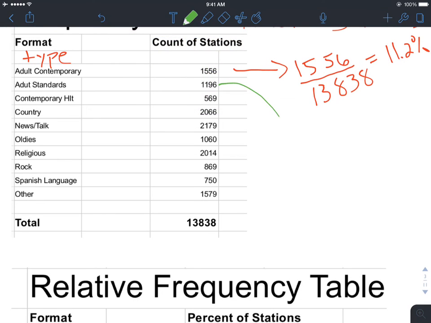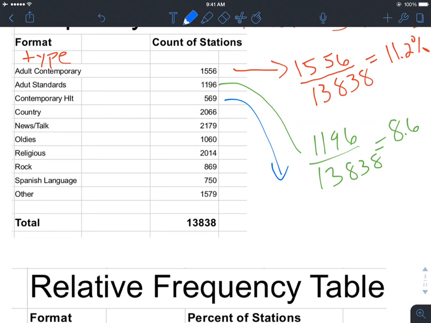If you wanted to do adult standards, you'd do 1,196 divided by 13,838, and that will give you 8.6. And you could literally just go along the line and calculate each and every single one.